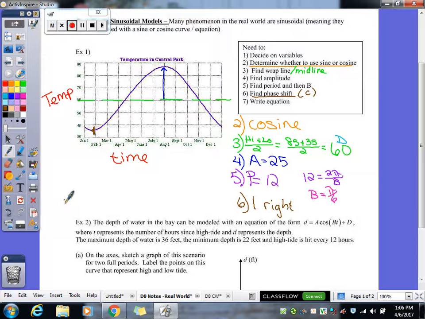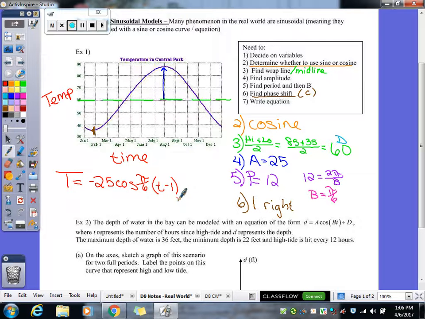So now we can write our equation. I'm going to use a capital T to represent my temperature. So capital T equals. This graph starts below my midline. So is it going to be a positive 25 or a negative 25? Negative. It starts down, it's negative. So negative 25 cosine. So my A value goes in front of my cosine. Next comes our B value, which we said was pi over 6.